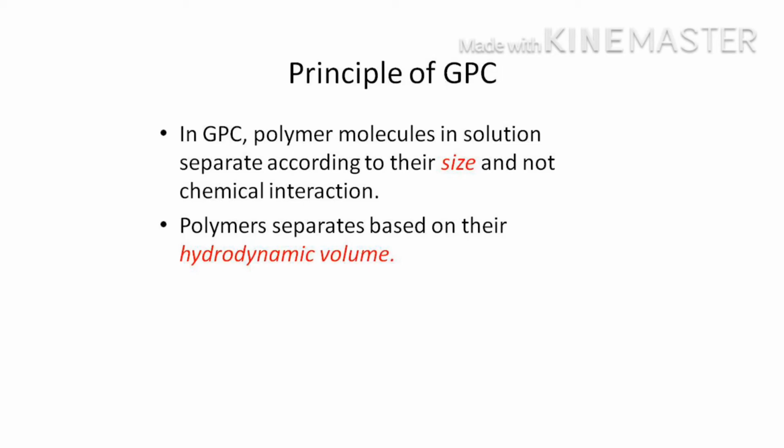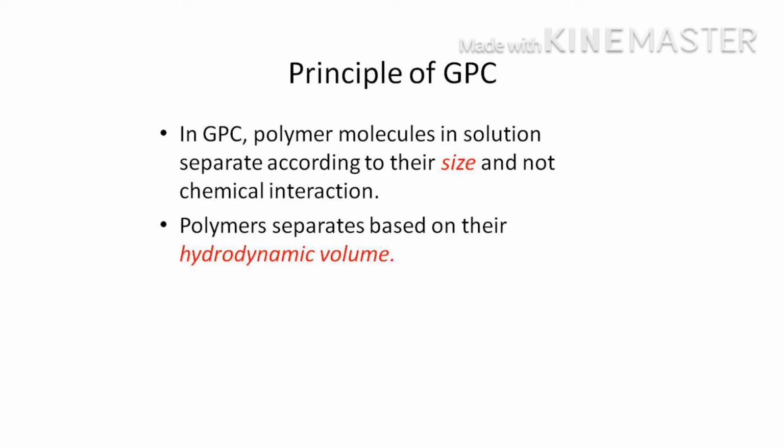Due to this difference in polymer concentration between the mobile phase and the stationary phase, the polymer molecules start diffusing into the stationary phase so as to equalize the concentration. Although all the polymer molecules try to enter the pore volume, the pore size restricts the entry and allows molecules up to a certain hydrodynamic volume only to enter the pores.